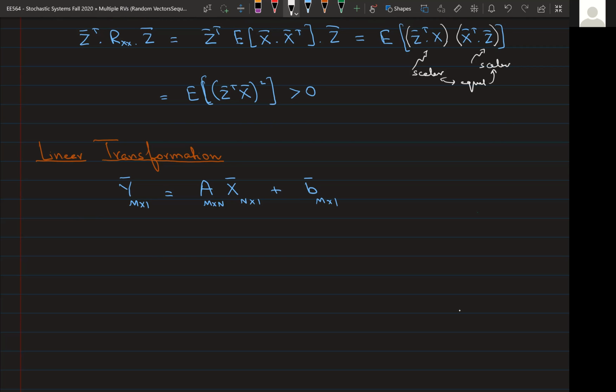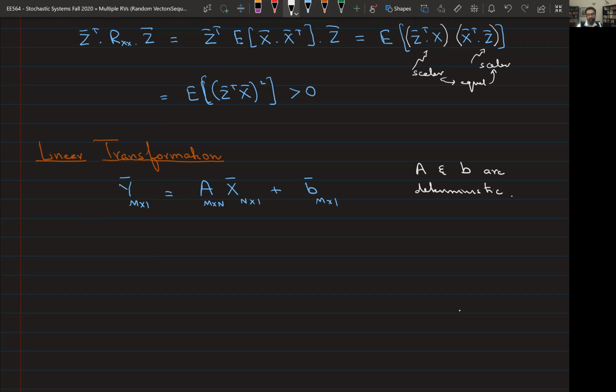So what we know is that A and B are constants or deterministic. Such types of linear transformations are very, very common, especially in linear systems.